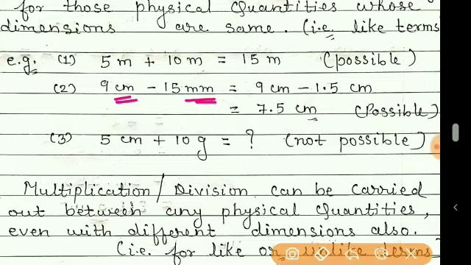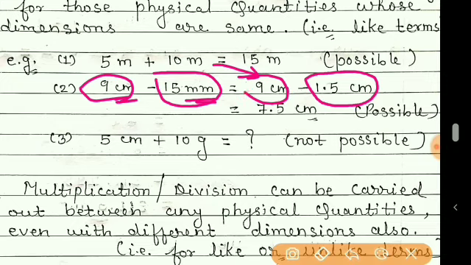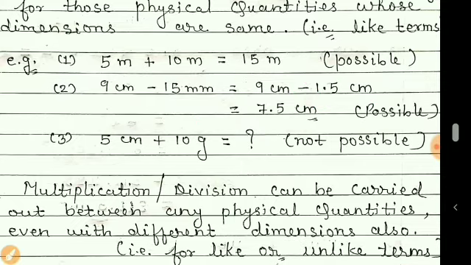So what I did here, I converted this 15 millimeter to centimeter, which is equal to 1.5 centimeter. And so now 9 centimeter minus 1.5 centimeter, which is converted from this, will be equal to 7.5 centimeter.